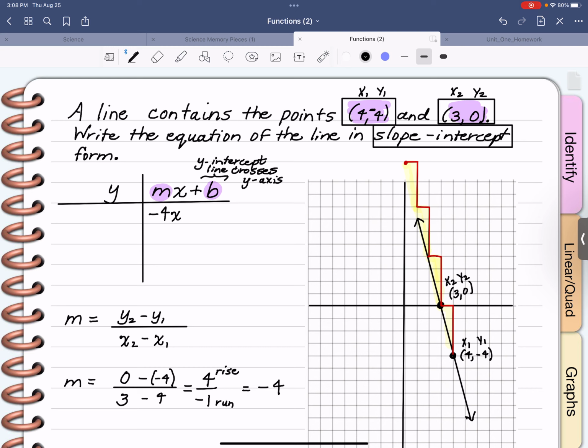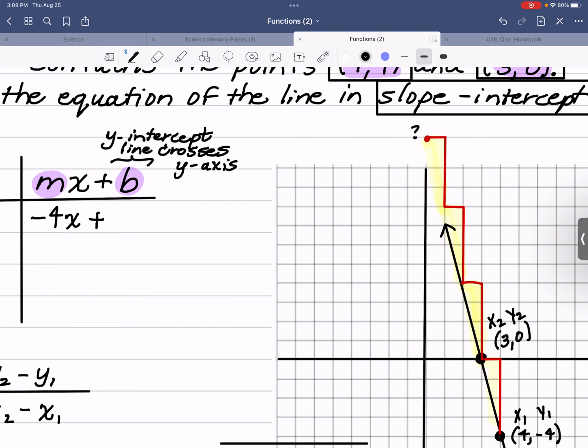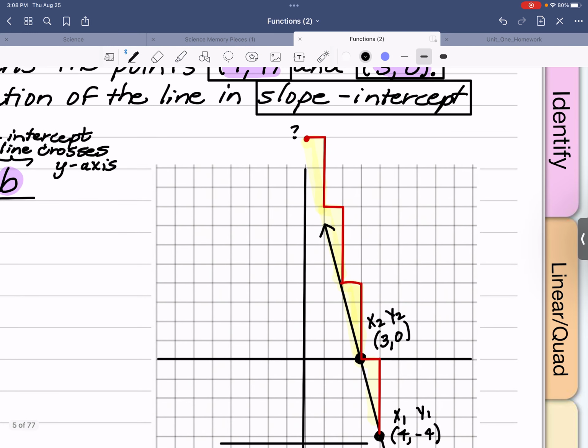Okay? We're getting there. We can leave y alone because that's got to be in the formula. So it's just baby B that we need to find here. I've got to figure out what baby B is. And I can tell you visually it's right here. Let's go ahead and count on our graph.